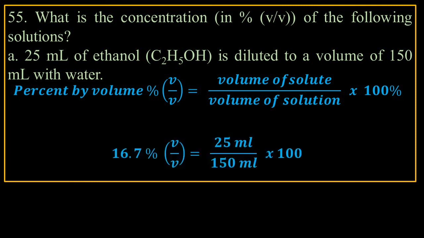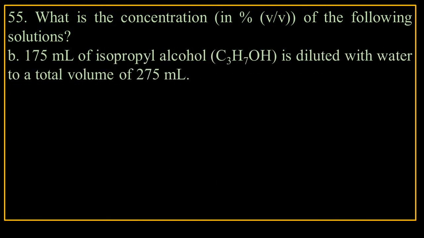So it would be 25 over 150, because it says it's diluted to a volume of 150 milliliters with water. So that presupposes that the total solution is 150 milliliters.